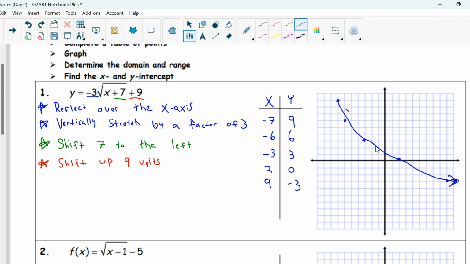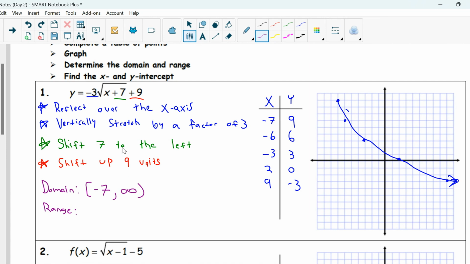One of the final things it wants me to do is determine my domain and range. Domain, my x values. The lowest value I can have is here, -7, and the greatest x value I can have is at infinity.